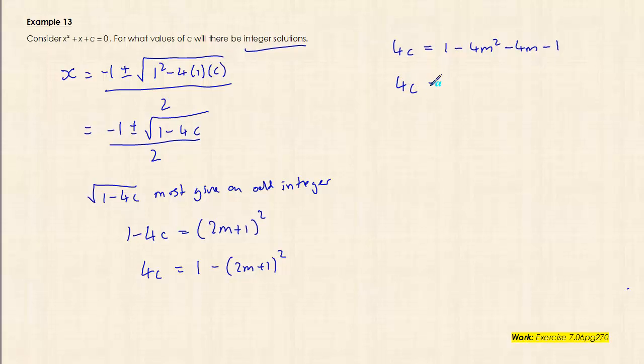So 4c is equal to -4m squared minus 4m, and therefore c is equal to -m squared minus m, where m is an integer, and that should work. Any c of this form should give us integer solutions.